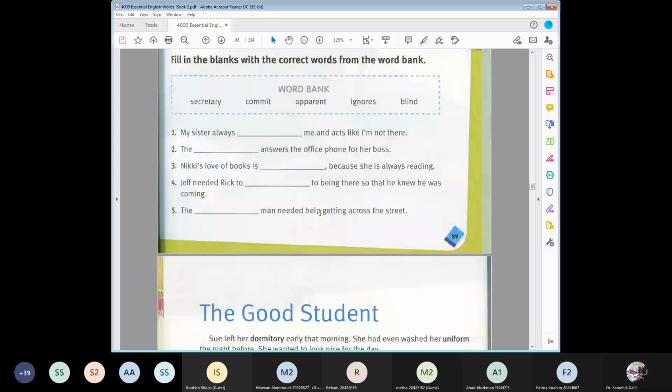Nikki is, I think, commit. No, you need an adjective, and commit is a verb. Okay, can we have somebody else?